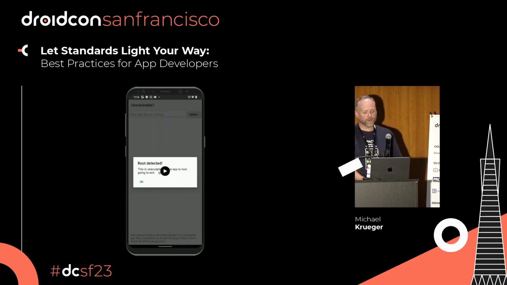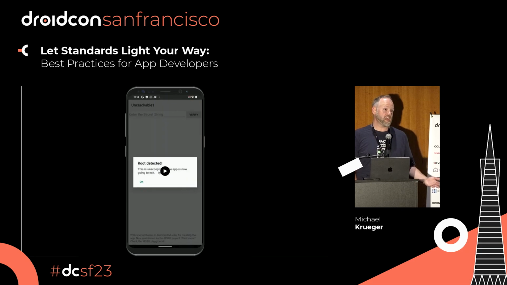All right, before I start this, I had a conversation yesterday with a handful of people, talking about secure storage and the fact that they could use it, as long as the device wasn't rooted, probably okay. And they said, well, I'm going to implement root detection in my app.